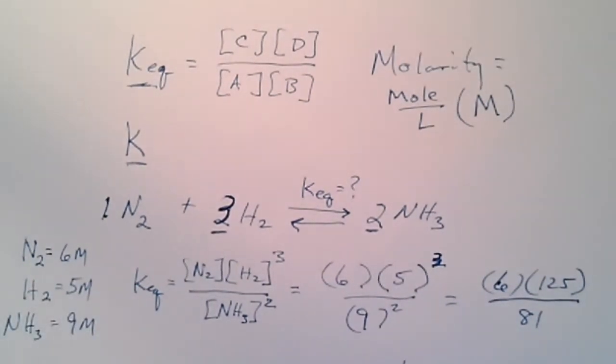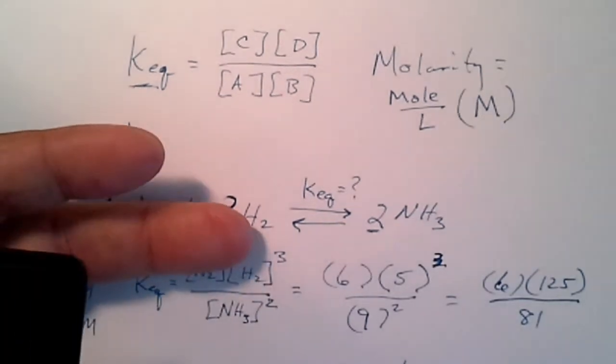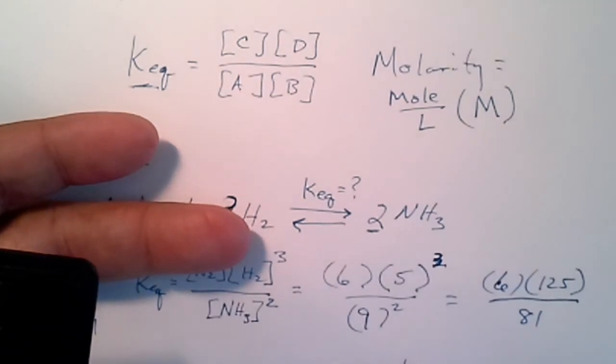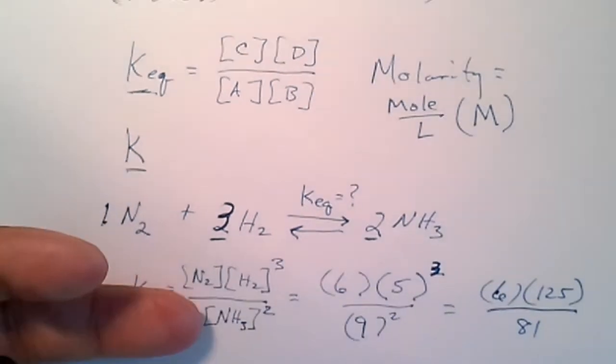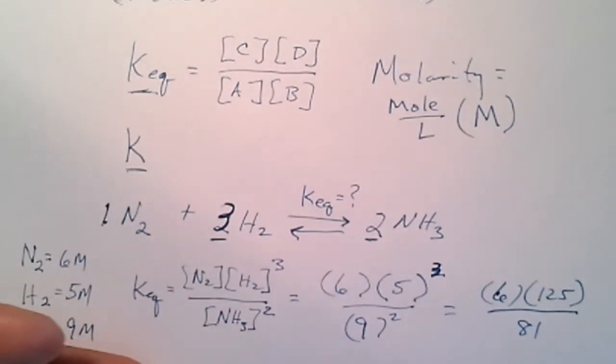Here's my trusty calculator. Okay, so 6 times 125 equals 750, divided by 81, 9.26. This is our equilibrium value.